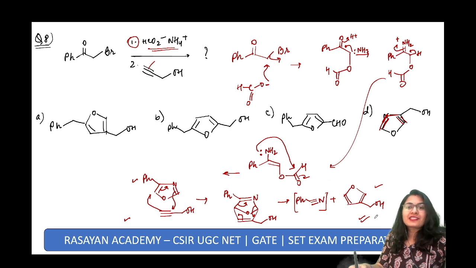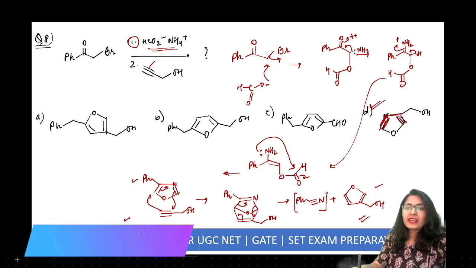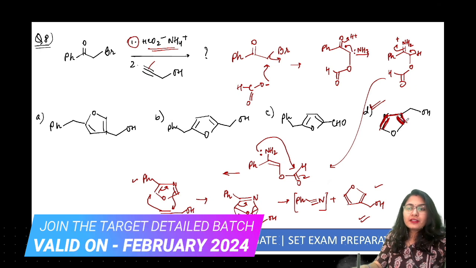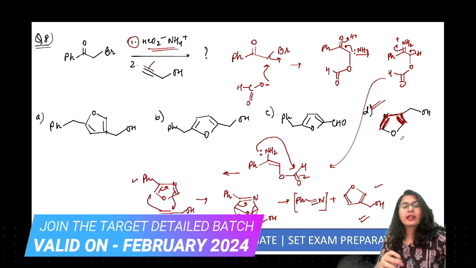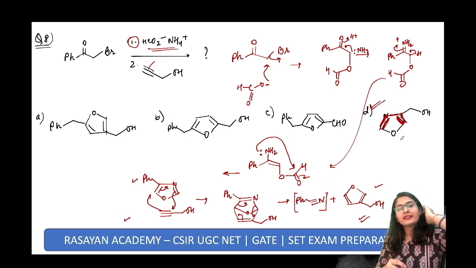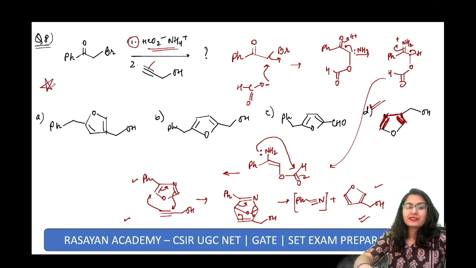And nowadays, it's not very easy to answer questions. So you have to think a step ahead. Now D is going to be the correct answer. And yes, there is not going to be any heteroatom present in the final product. It is going to be a simple furan. So just star mark this one, very important and interesting too.